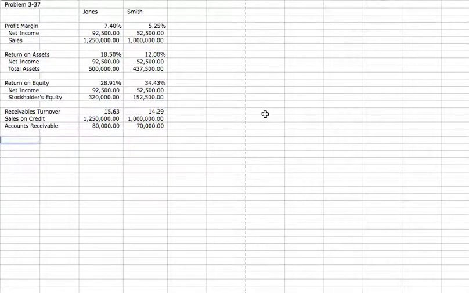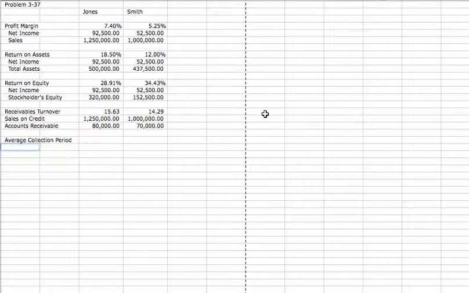But we're not done with asset utilization ratios. We now have our average collection period. Which is our accounts receivable divided by average daily credit sales.